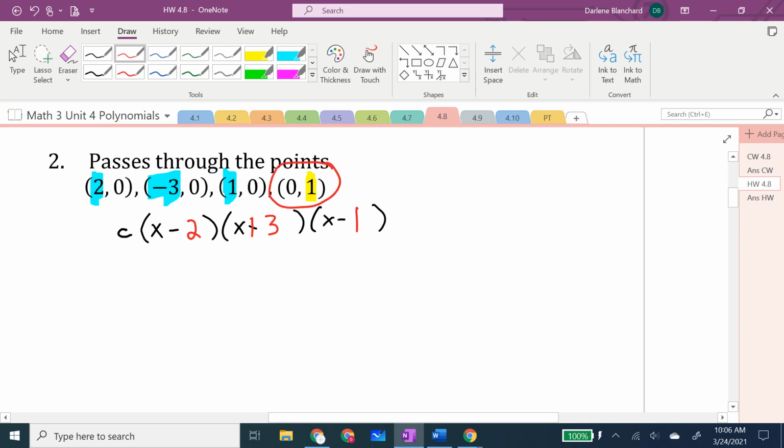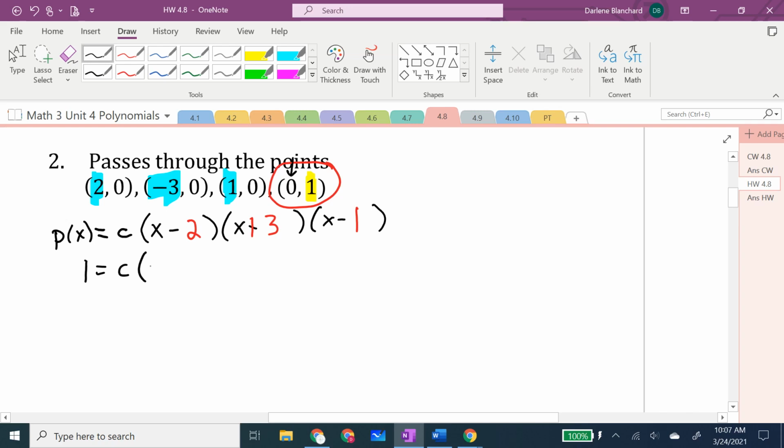This y-intercept, I will need to use that to find my leading coefficient. And if I want, I can find it right now. So this is what my polynomial, let me change the color on that. This is what my polynomial is equal to. So this says if I plug 0 into x, my polynomial will equal 1.